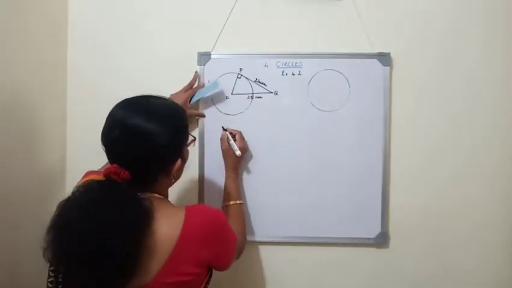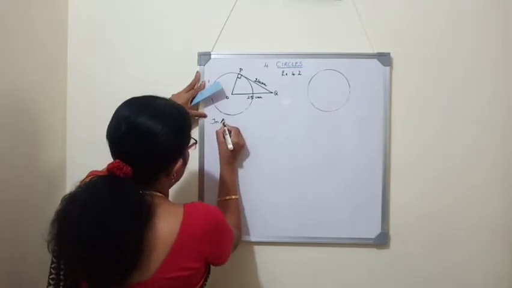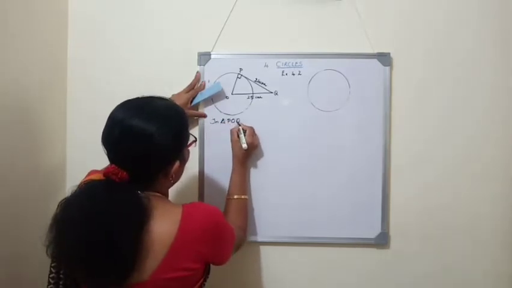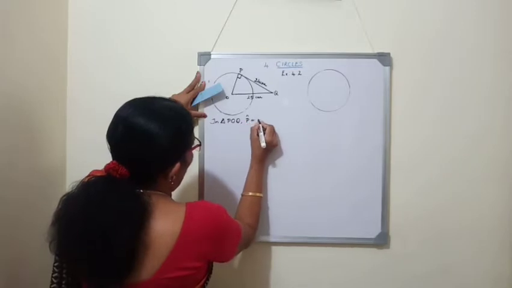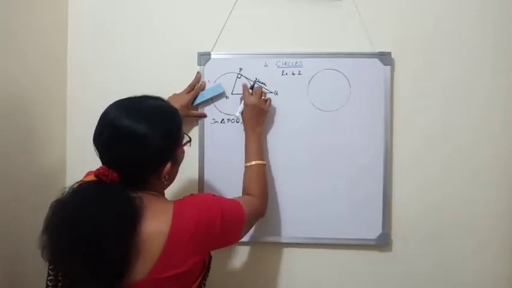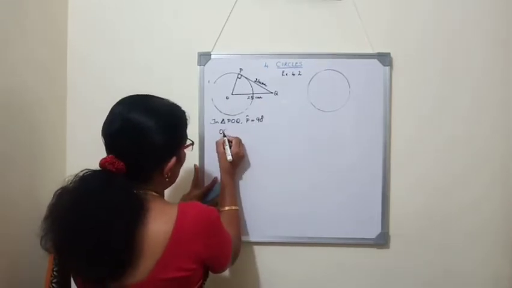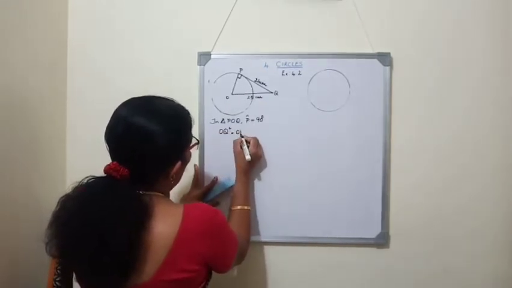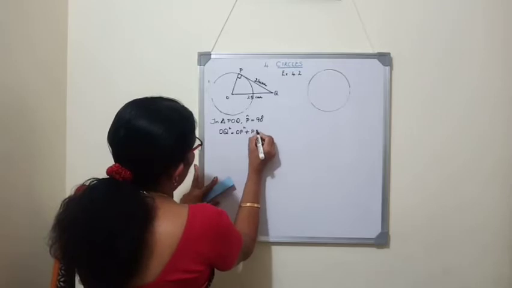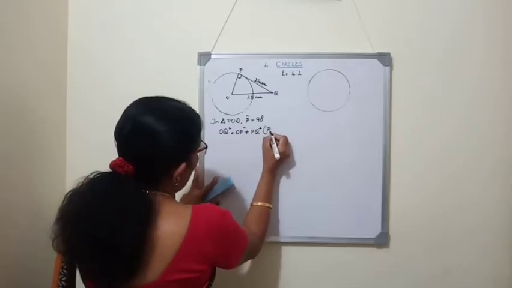So in triangle POQ, angle P is 90 degree. Always radius and tangent are perpendicular. Now hypotenuse is OQ. So OQ square is equal to OP square plus PQ square by theorem.